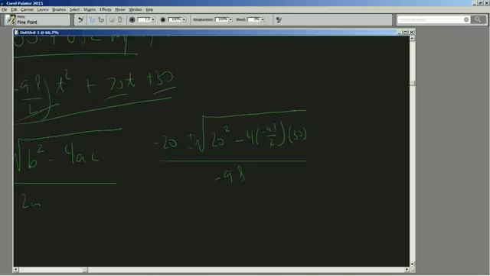Okay, this is a degree 2. I really hate arithmetic.